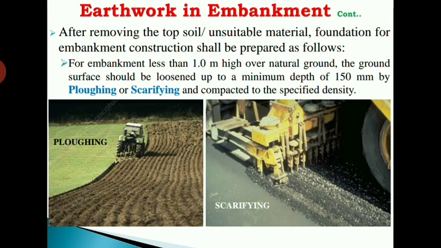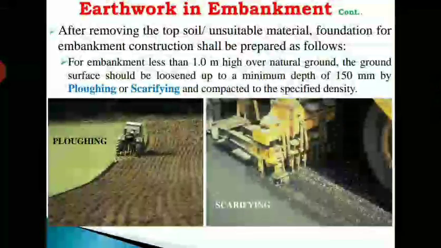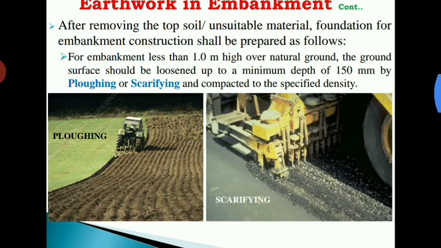And compacted to a specific density. So later we need to compact that by using mechanical rollers such that it achieves the specific density required for the embankment construction, right? And these are the two processes, ploughing and scarifying.